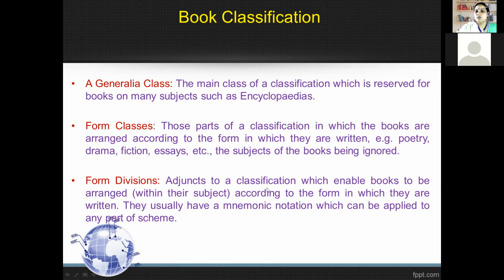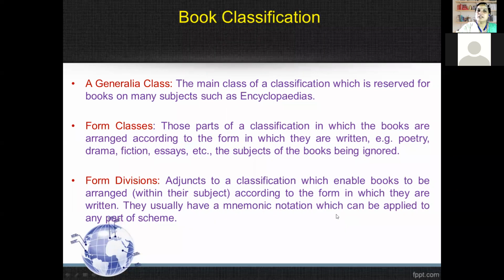Adjunct to classification, which enables books to be arranged within their subject according to the form in which they are written. They usually have a mnemonic notation which can be applied to any part of the scheme.